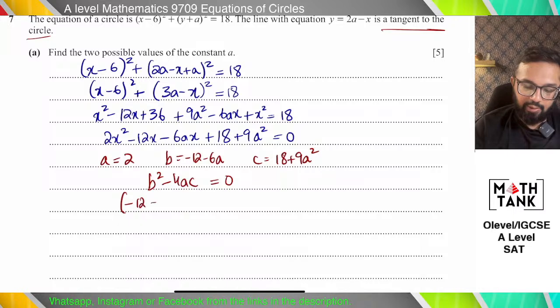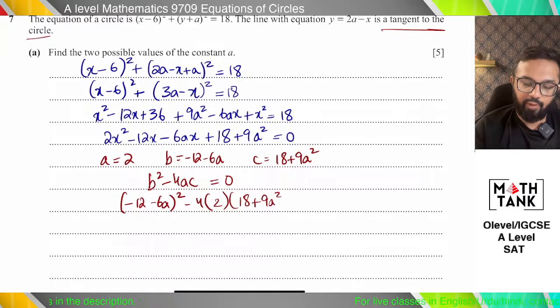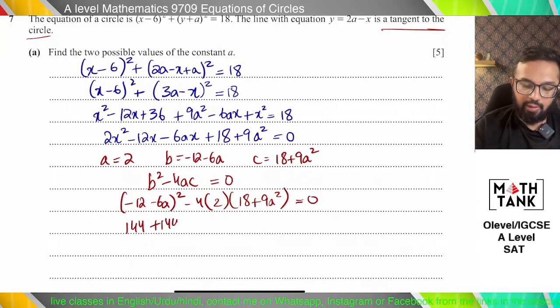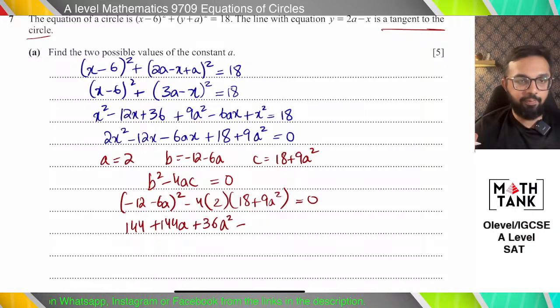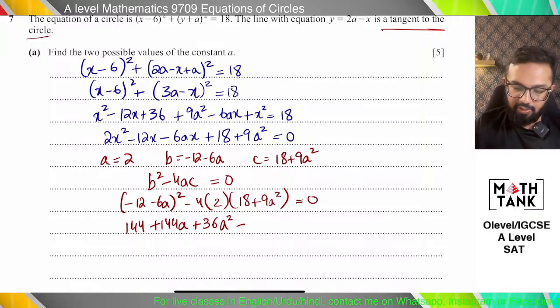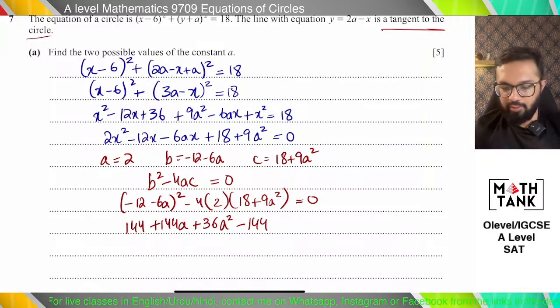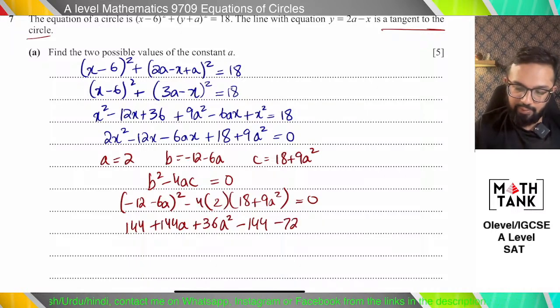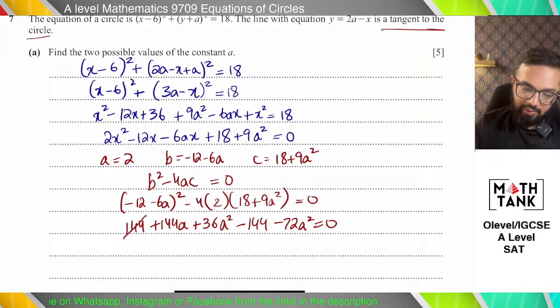So I have 144 + 144a + 36a² − 4 into 2 into 18, which gives me minus 144 again, and 8 into 9 gives me 72a². So this cancels out with that.